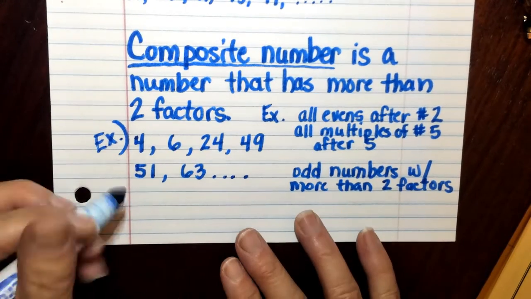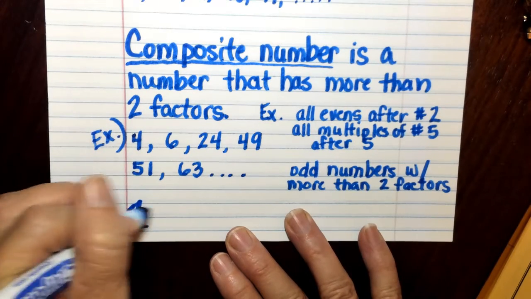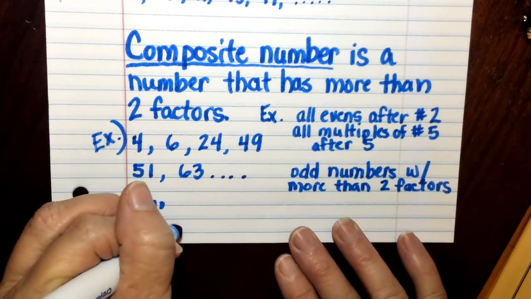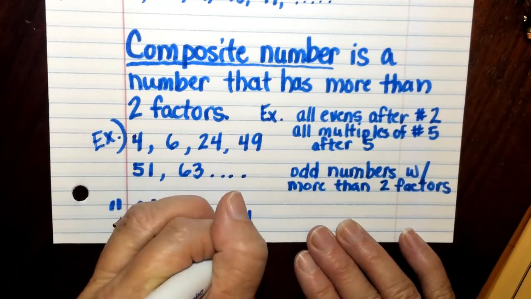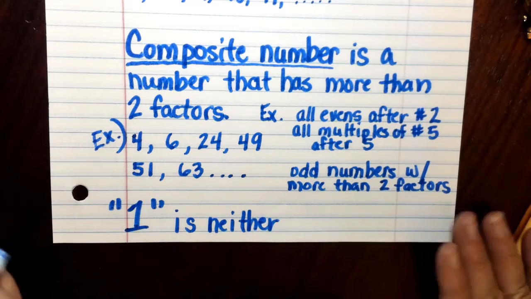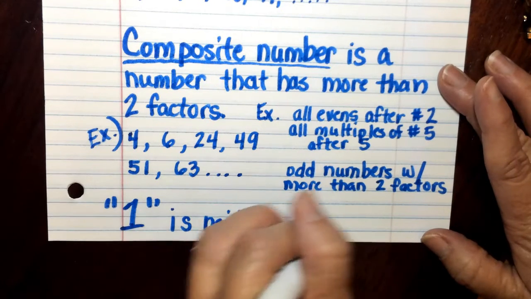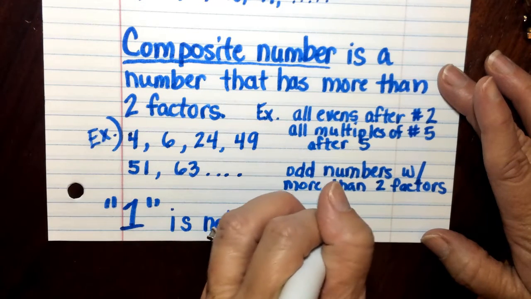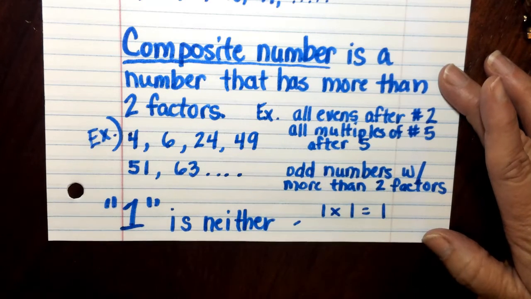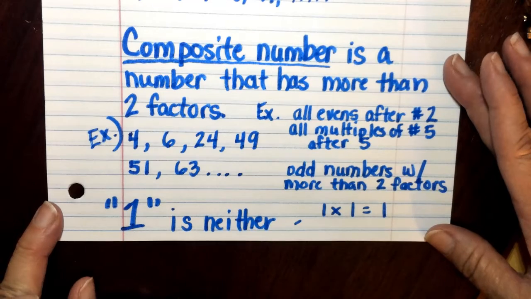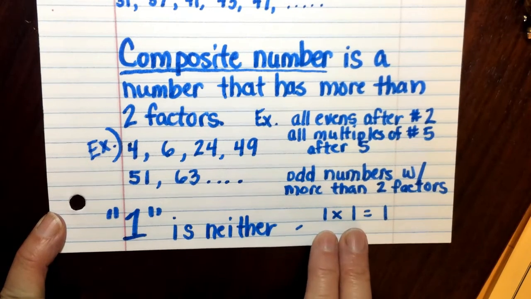So the last thing I want you to write down in your notes is the number 1. The number 1 is neither. It is neither because the only way to make the number 1 is 1 times 1. And that gives you the number 1. And so if we think about trying to classify the number 1 as a prime number, it would need to have 2 factors.